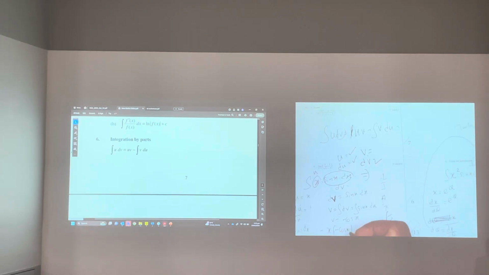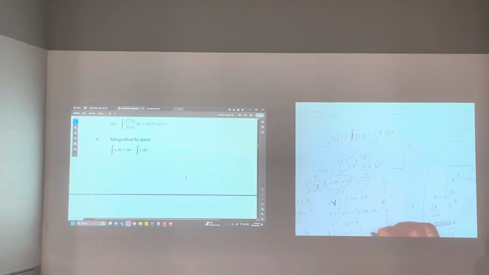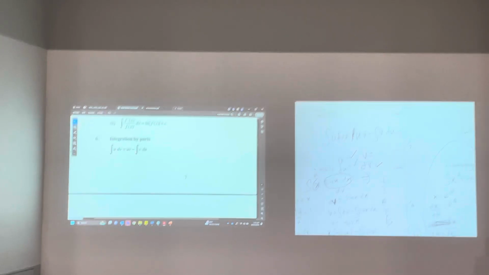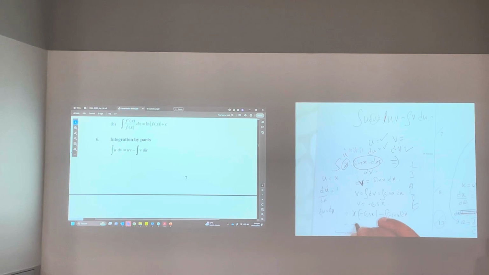Remember, it is not x minus cosine x, it's x multiplied by minus cosine x, minus integrate v du. v is minus cosine x, and du is equivalent to dx. So we can rewrite as minus x cosine x minus minus, plus integrate cosine x dx.